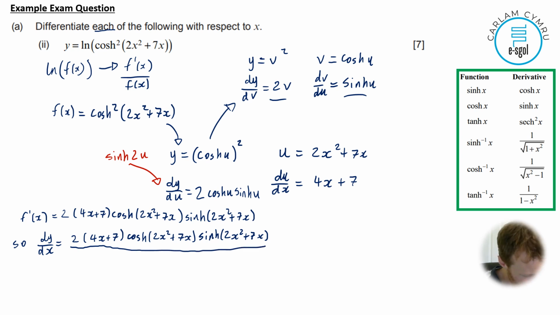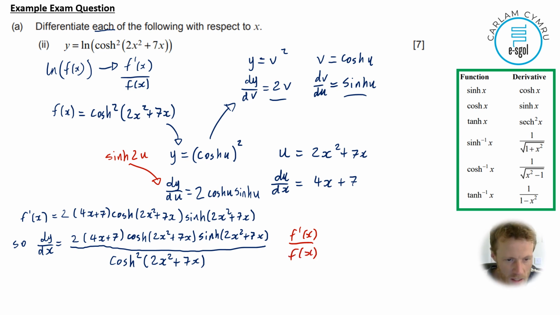There we go. Cosh squared 2x squared plus 7x. That's the original function. So we have got the derivative on top and we've got the original function underneath.